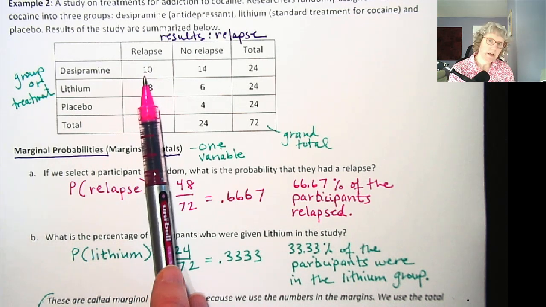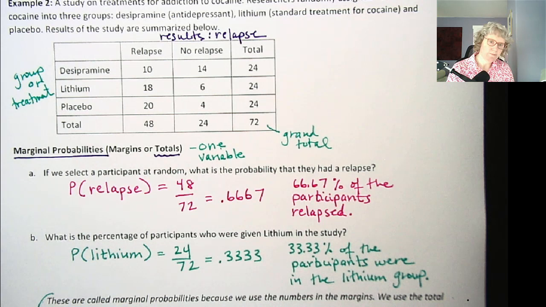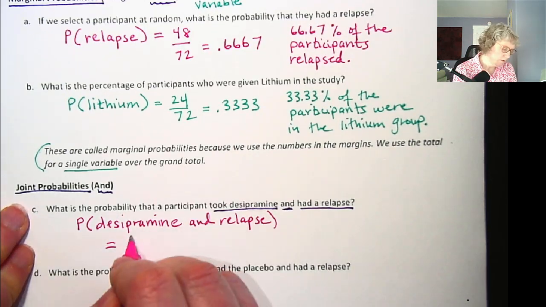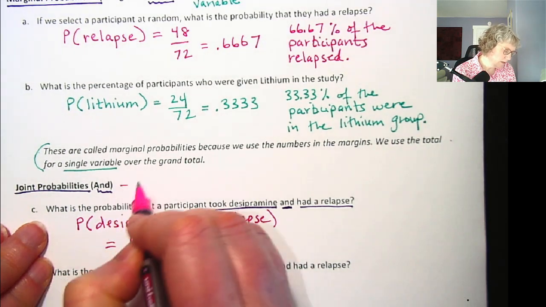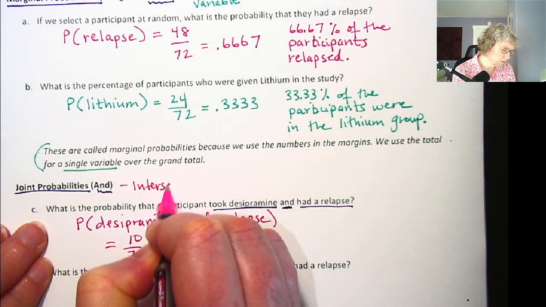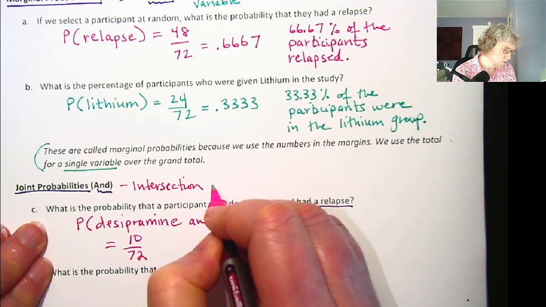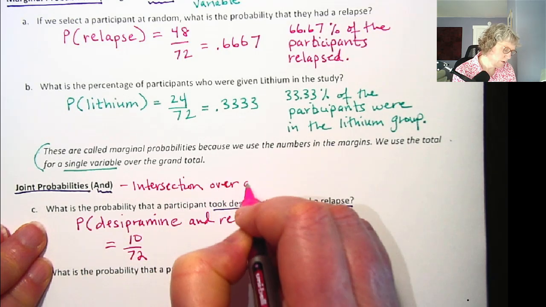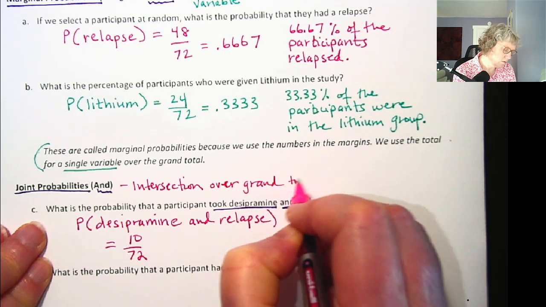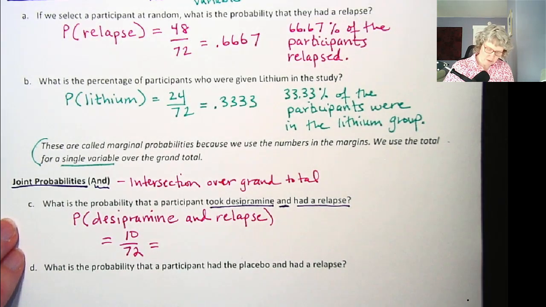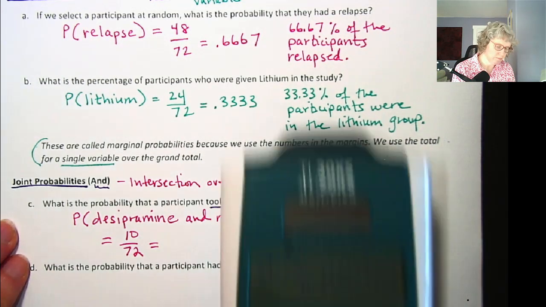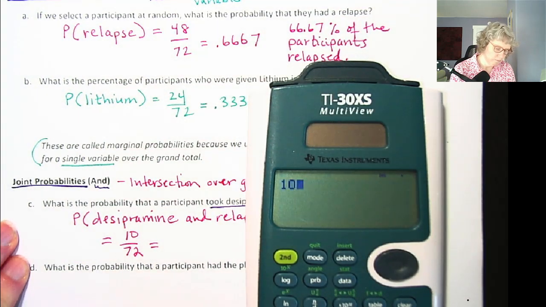So that means it's a single number in the intersection. So that would be 10 out of our grand total of 72. And I'm going to write the note up here that this is the intersection over grand total. Okay, so 10 out of 72, let's calculate that. That is 0.13888, so 0.1389.